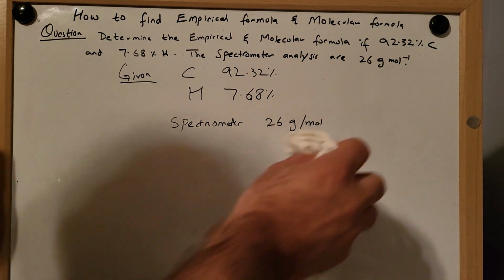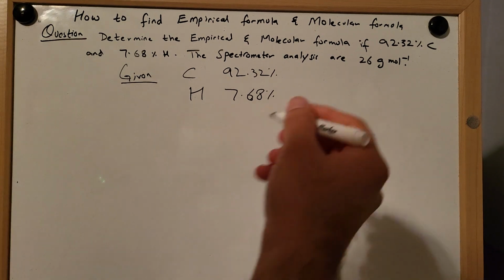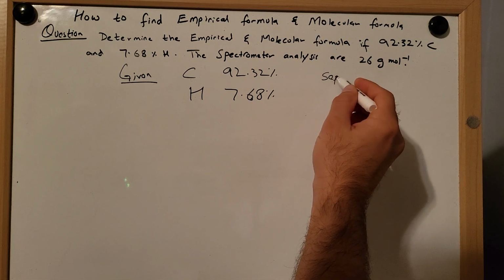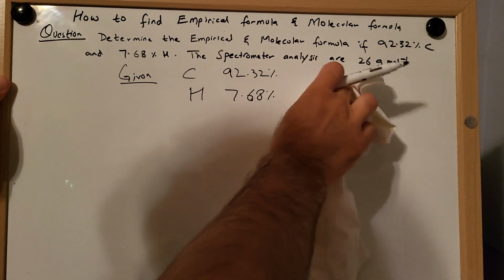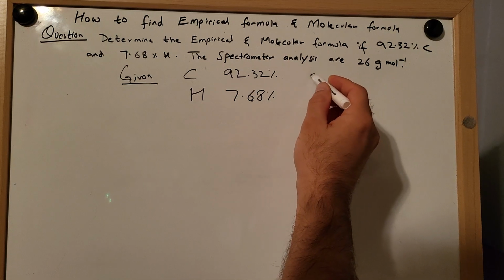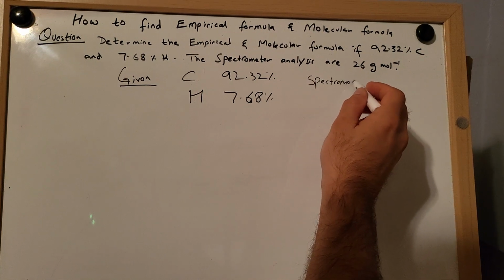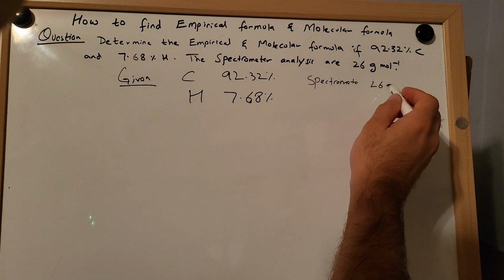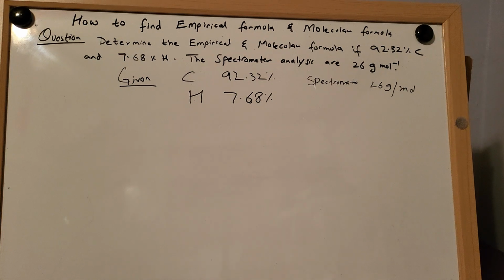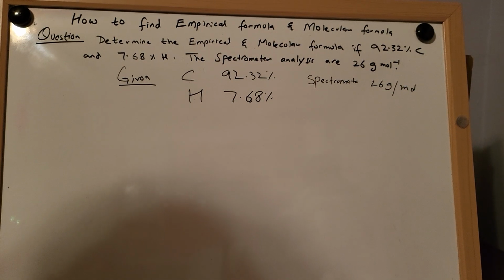Or I can write it down to the side here: spectrometer analysis, 26 gram per mole. Alright. Now we're going to come to the first, the empirical formula.